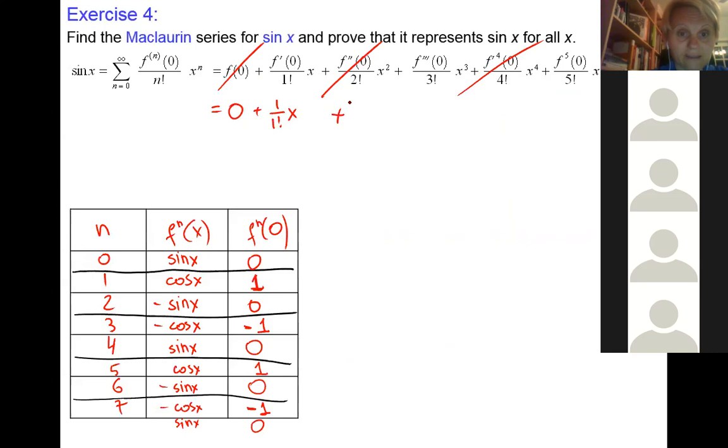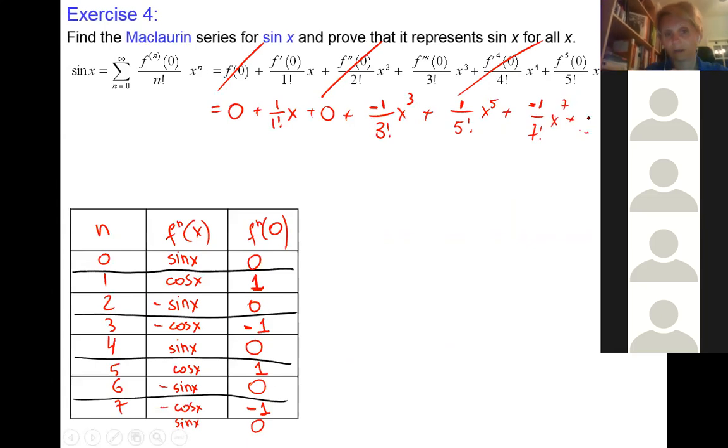And then that's 0, I can write 0 for now. The third derivative is negative 1, 3 factorial x cubed. And the fifth derivative is positive 1, 5 factorial x to the power of 5. And then again negative 1, 7 factorial x to the power of 7, and so on.